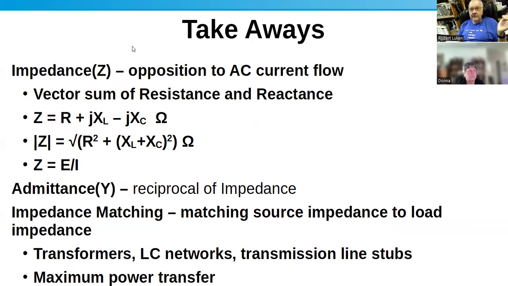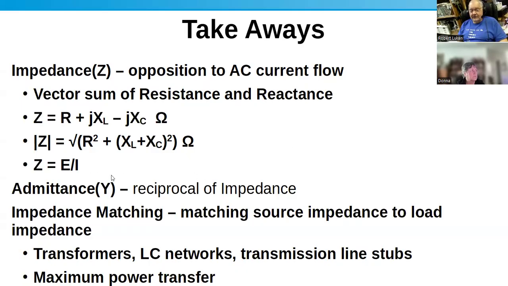We said impedance was the opposition to AC current flow represented by Z, and it's a vector sum of the resistance and the reactance. Unless we just talk about the magnitude, and that's where we put the bars, we're saying it's no longer a vector, it's the scalar value of the hypotenuse or the length of the vector.